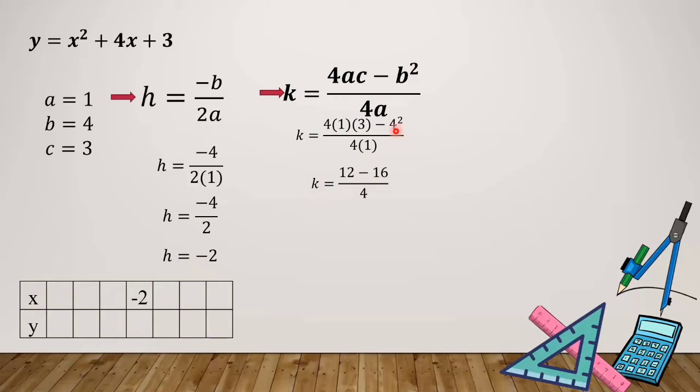So 12 minus 16 is equal to negative 4. Then copy the denominator, which is positive 4. So negative 4 divided by 4 is equal to negative 1. So now our y coordinate is equal to negative 1.